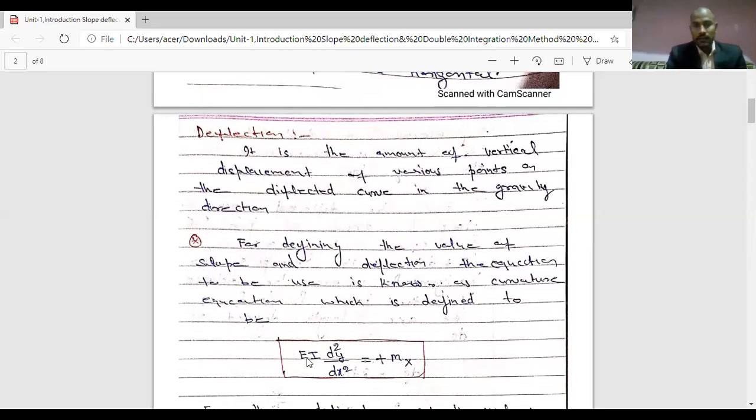Here we find the deflection and slope for any beam structures. So we find them by these equations. This equation is called the curvature equation.